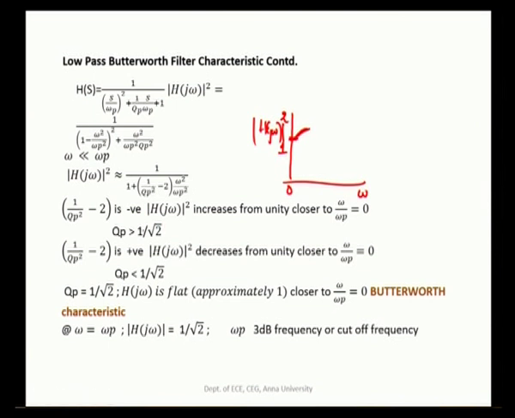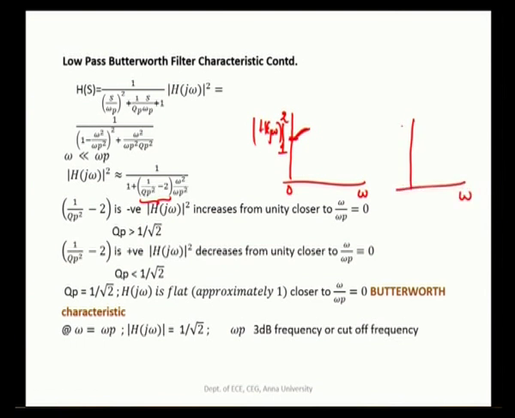This is the first case, when this is negative. Now we have the other case, when this is positive. When this is positive, this denominator term will increase as ω increases from 0, and |H(jω)| squared will decrease from unity. That is the second case.